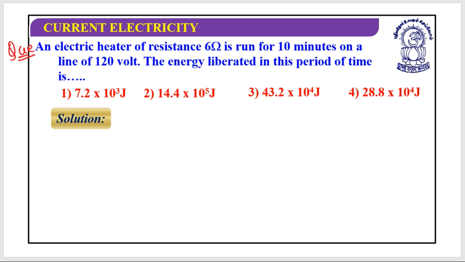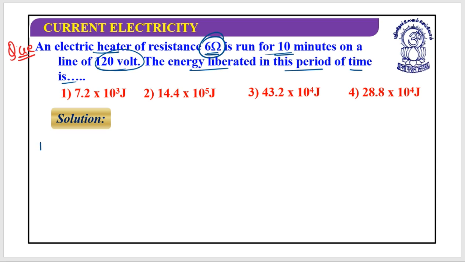Next question, look at this. An electric heater of resistance 6 ohm is run for 10 minutes on a line of 120 volt. The energy liberated in this period of time is... yes, we are back with the Joule's heating effect. So what is given? Let's find it out and summarize it.